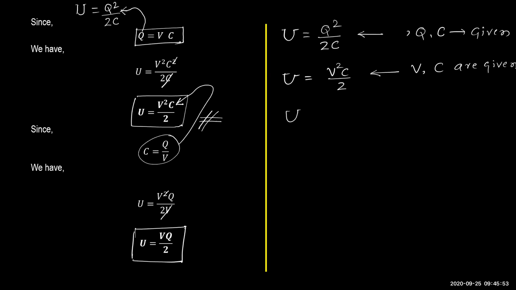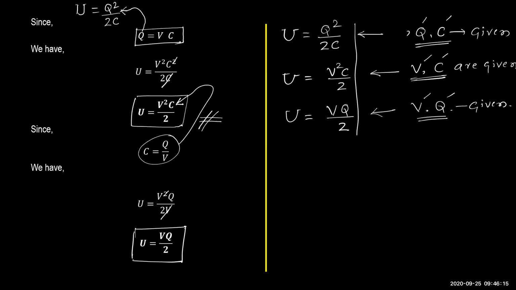If they provide the information about V and Q, then we have to use the formula VQ by 2. So according to the information we have, whether we have the information about Q and C, V and C, or V and Q, depending upon that, we have to use the separate formulae to calculate the potential energy. Remember this, students. It is better to note down, practice and remember these formulae, because according to the situation we have to use them.